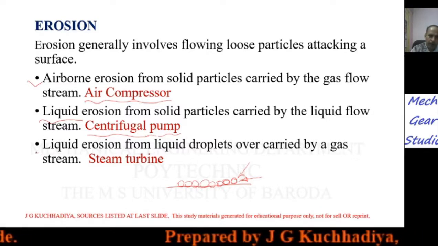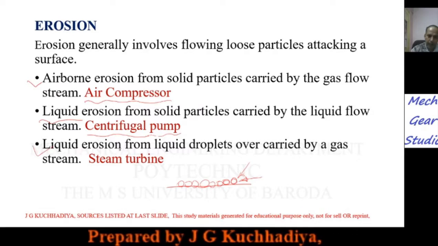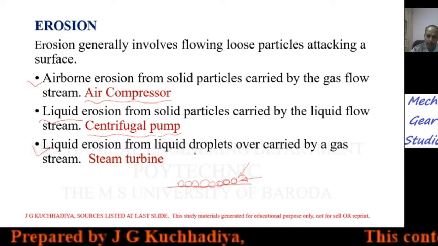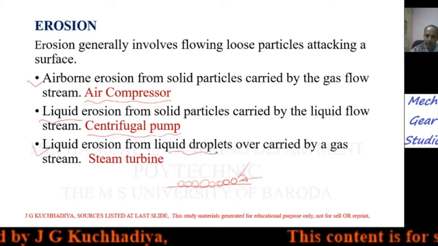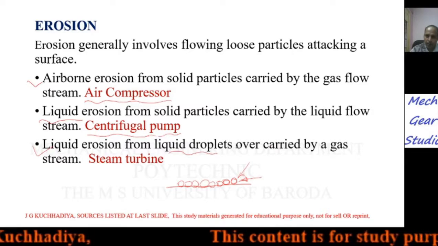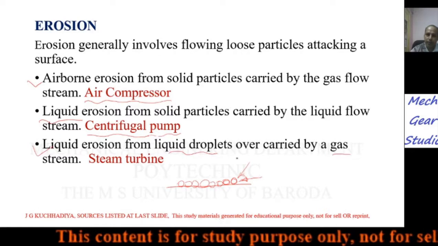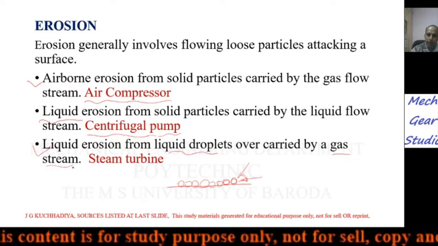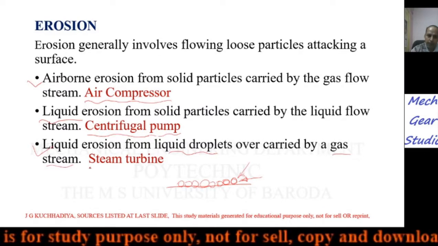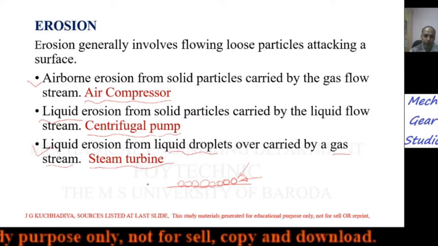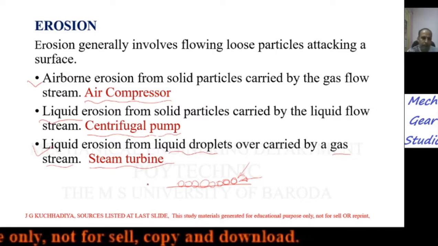Third is also liquid erosion, but here there are liquid droplets, not solids. Liquid droplets slide over the metal or solid surface, handled by gas or steam or vapor. The steam turbine is the example of this type of erosion.